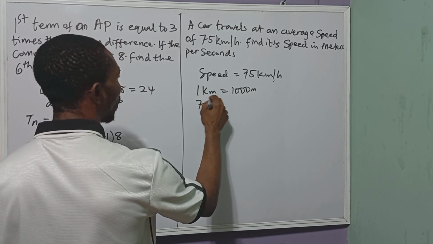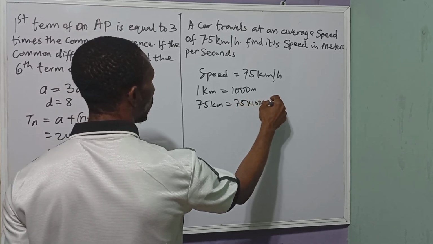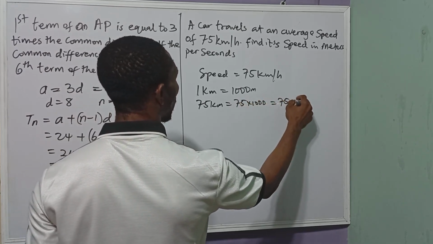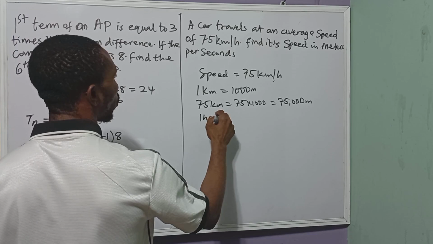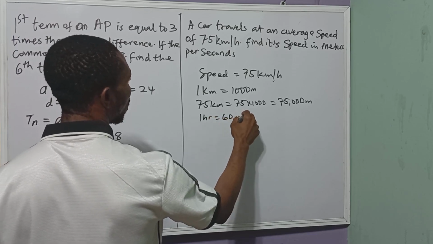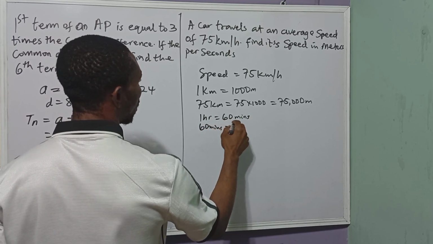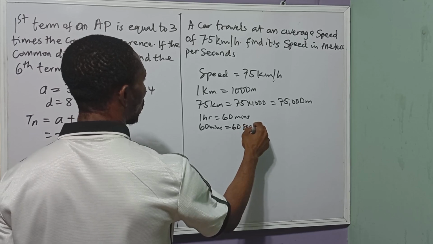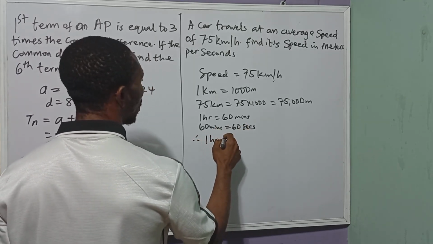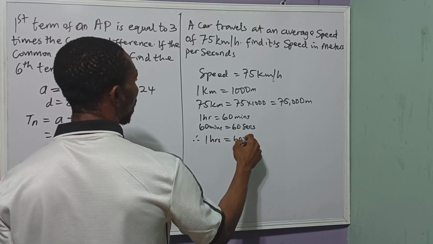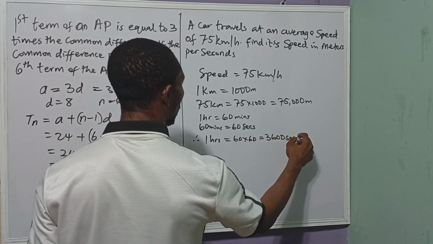So for 75 kilometers, we have 75 times 1,000, which will give us 75,000 meters. Okay, so 1 hour is 60 minutes, and 1 minute is 60 seconds. So 1 hour in seconds will be 60 times 60, which will give us 3,600 seconds.